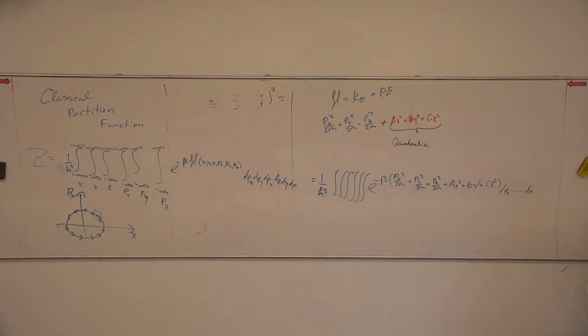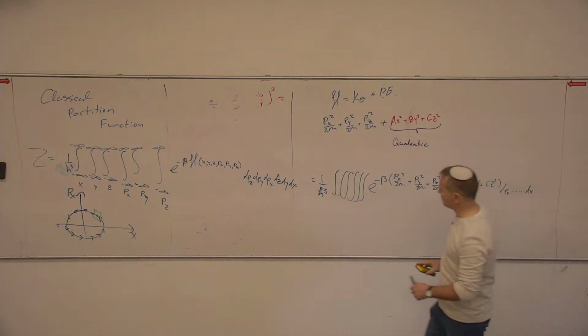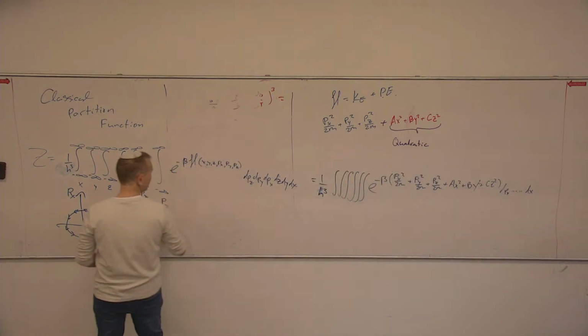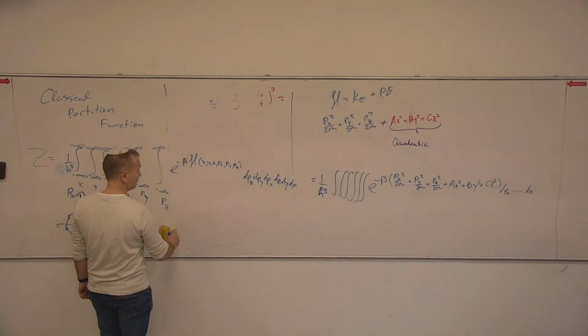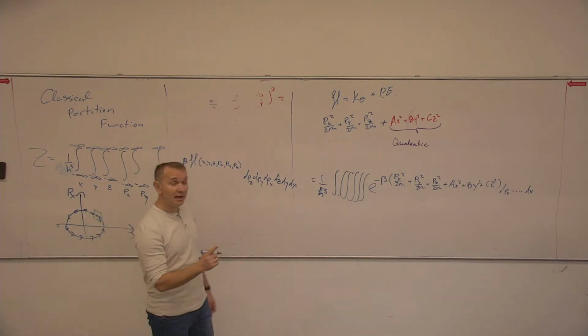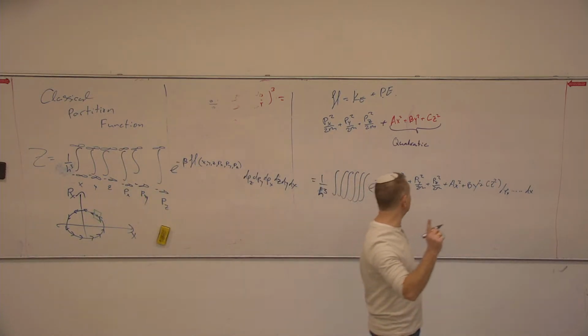I thought it would be easier to write half. It doesn't matter. I will explain in a second why nothing matters over here. What do you get? Gaussian, exactly. I have a bunch of Gaussian integrals.